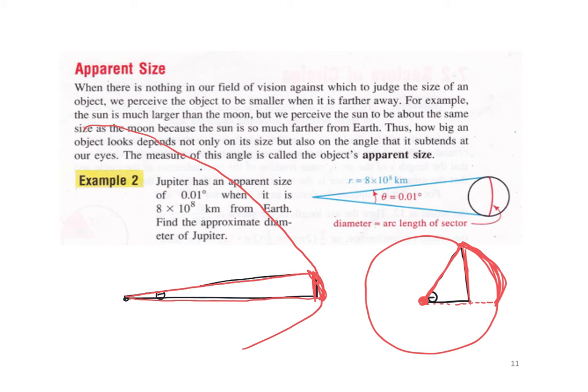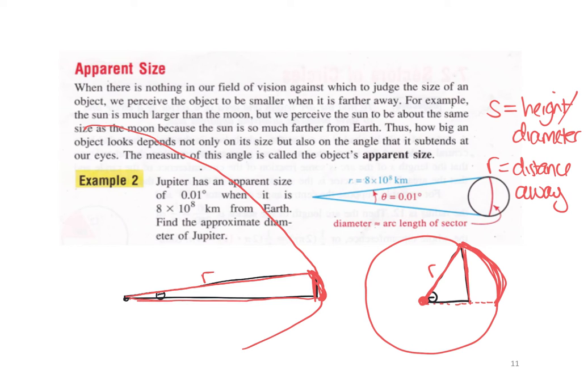So think arc length, S, is going to equal the height or the diameter of the object. And as I've mentioned before, this is my radius, this is my radius. So the radius is going to be how far away you are from that object, the distance away. Because we're assuming, again, the farther you are, the closer the comparison we have here between the radius and the actual distance.